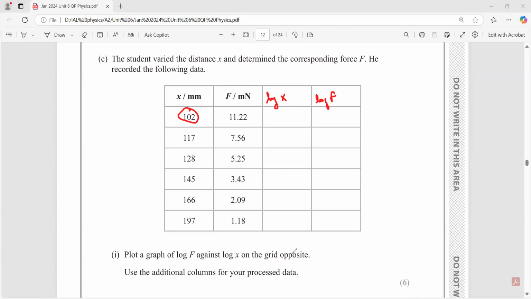What is log 102? It is 2.01, so I will write this as 2.01.